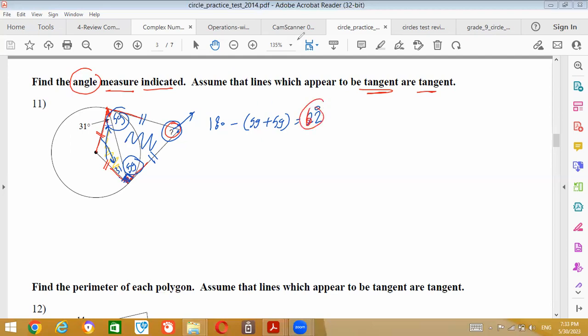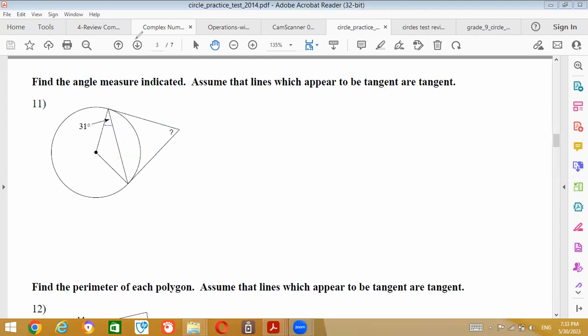The next exercise. Since this is 31 and this is 59, 59, so 59 plus 59 equals 118. So 180 minus 118 will get 62. So this angle is 62. That's it.